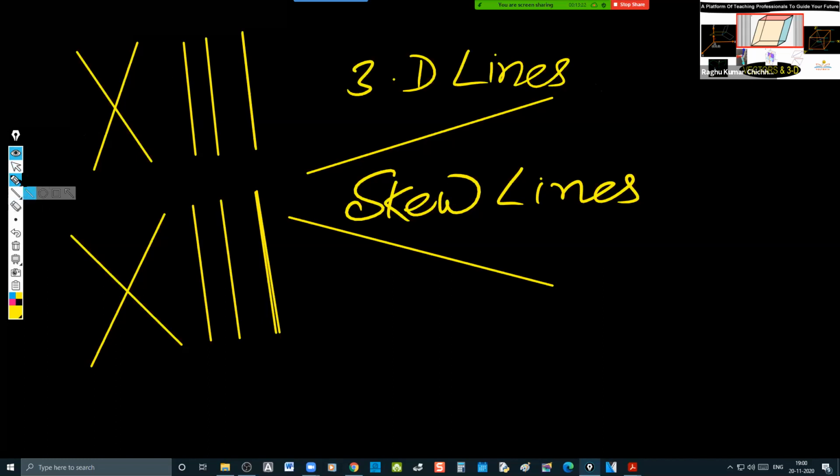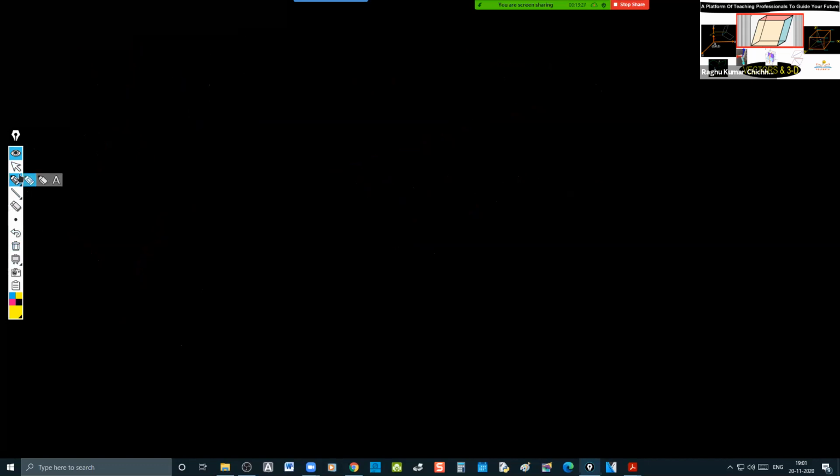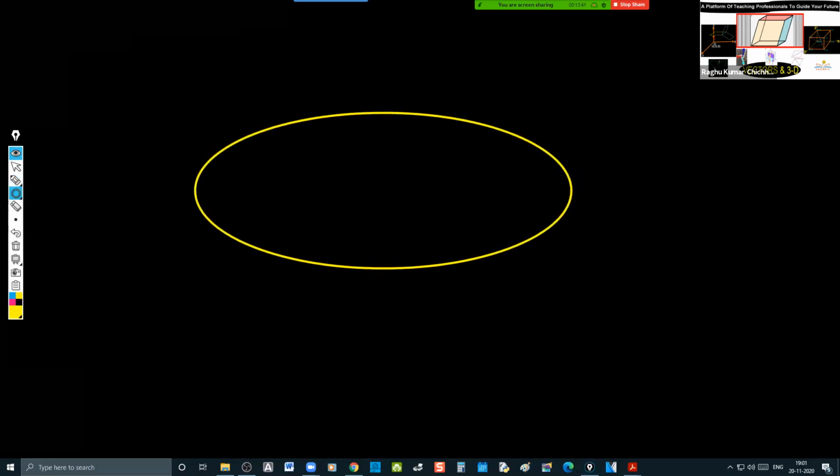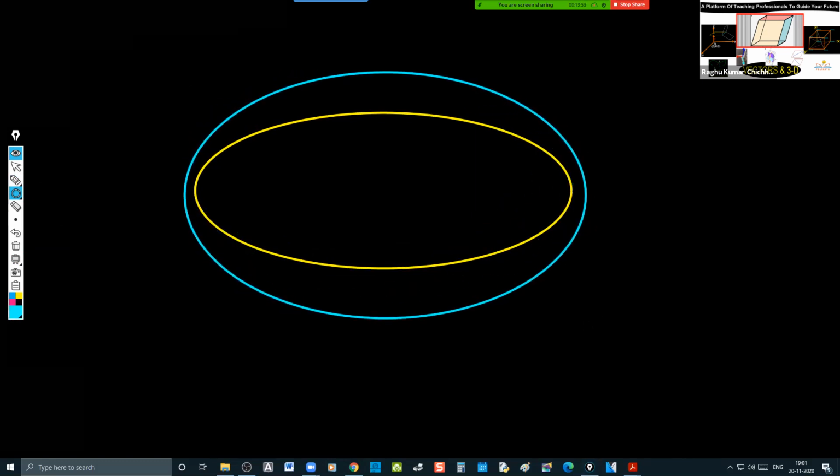If you take any two orbits, you might have heard words like this: the Moon has come very near to Earth, Mars has come very near to Earth. Such news you might have heard. Then what exactly is the meaning of the Moon has come very near to Earth and Mars has come very near to Earth and all this?